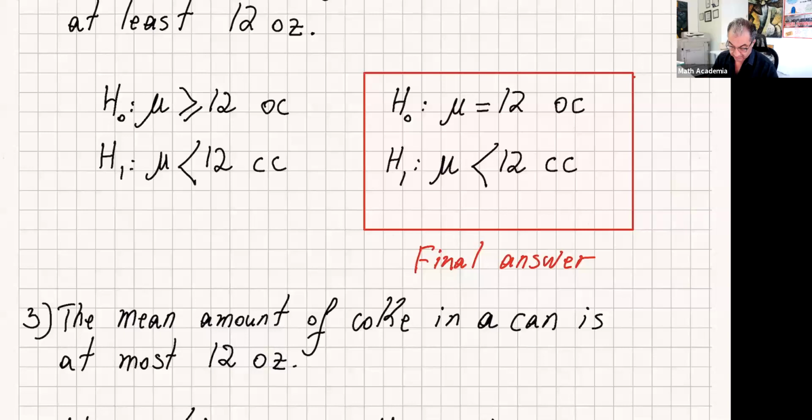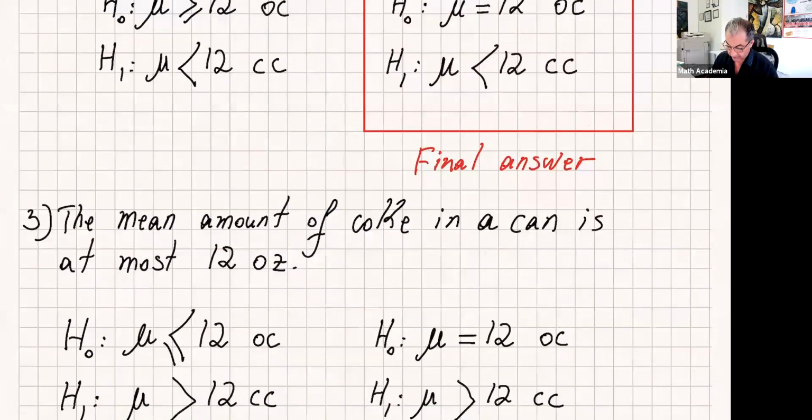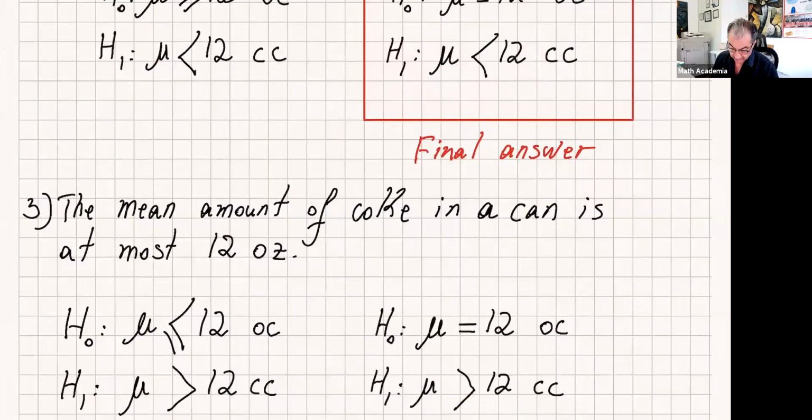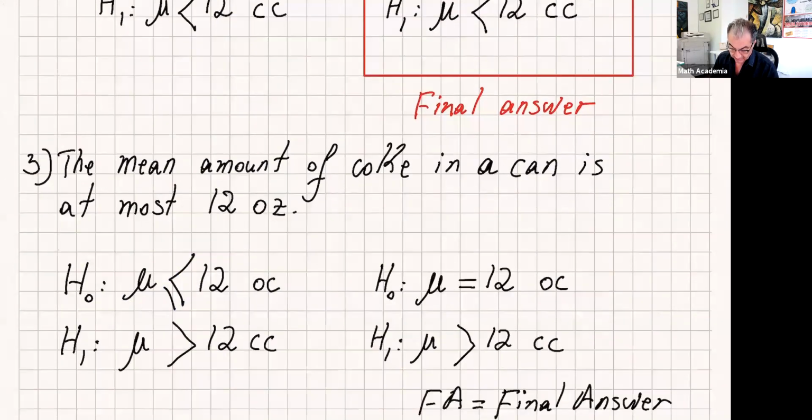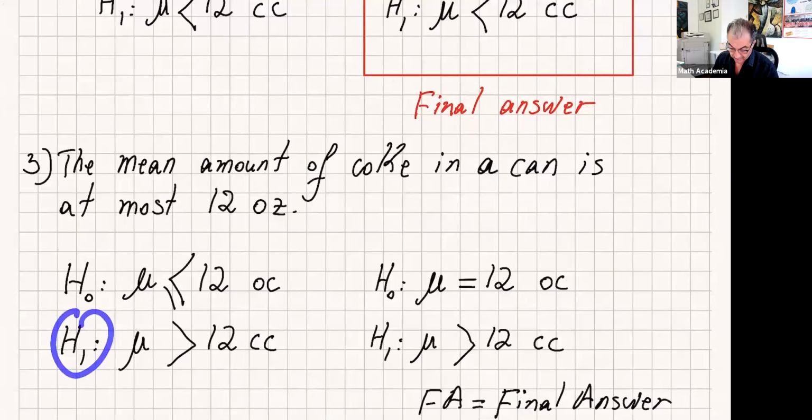Another example, the mean amount of Coke in a can is at most 12 ounces. And this one I can just go ahead and write it. So I write mu is less than or equal to 12 ounces. I have the equal sign here, so I know that's H0. Then H1, I write the complement of that, mu is greater than 12.